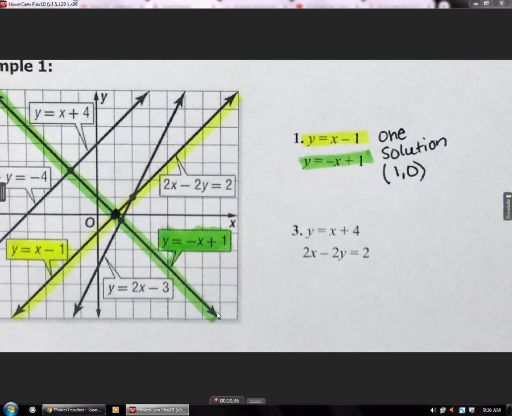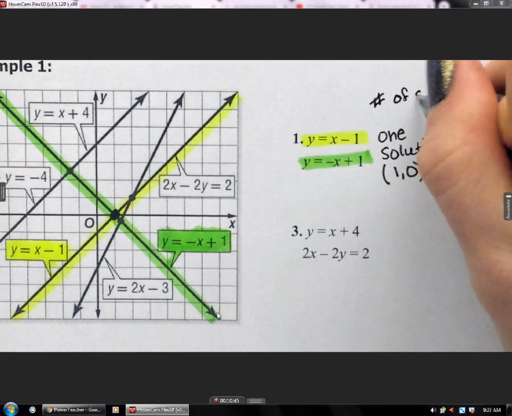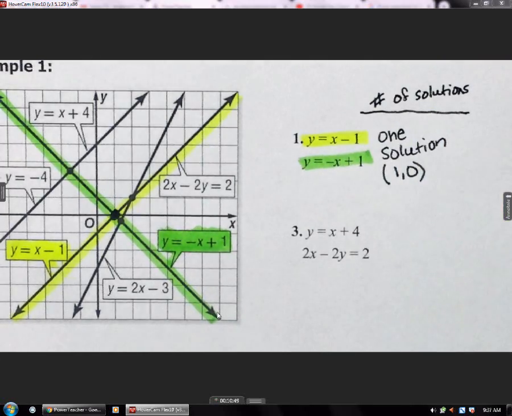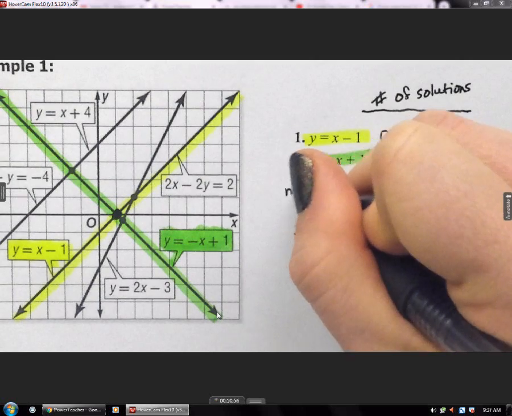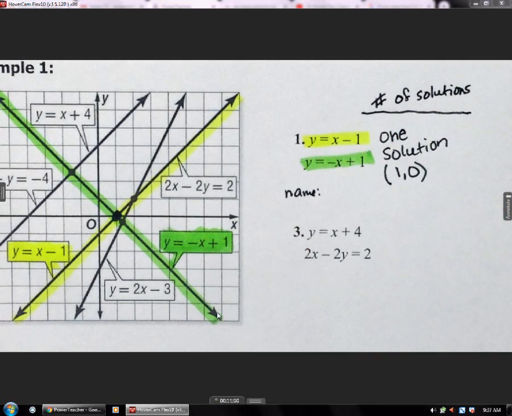Sometimes, though, it's going to ask for words to tell what this means. So this would be the number of solutions. But sometimes that's not the question they're asking. Sometimes they're asking, what's the name of this system? What would we call this?